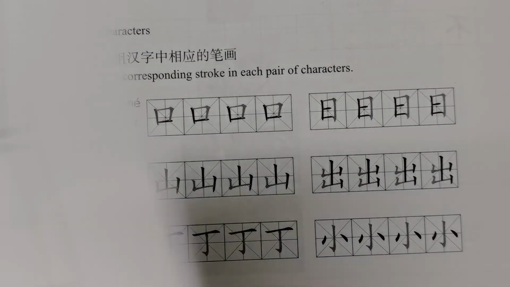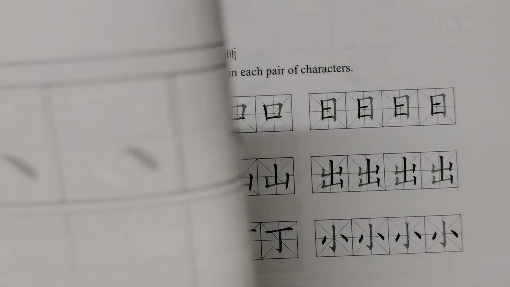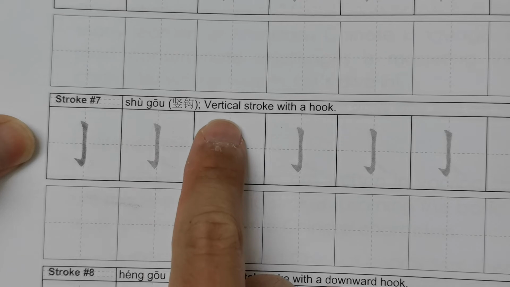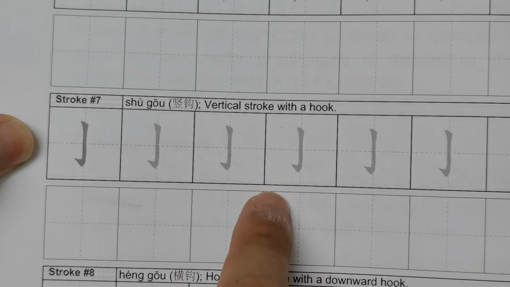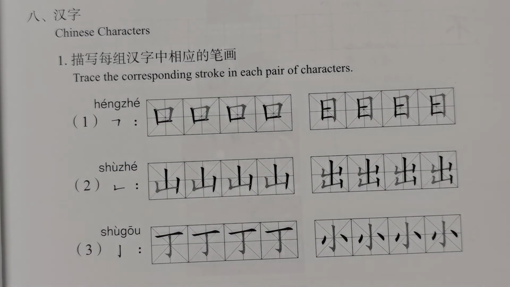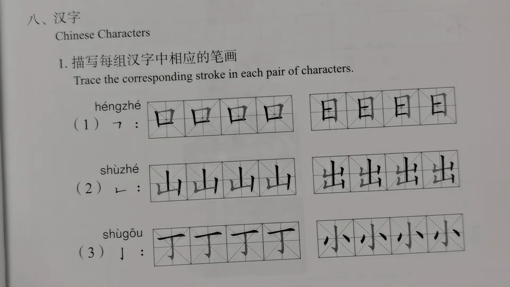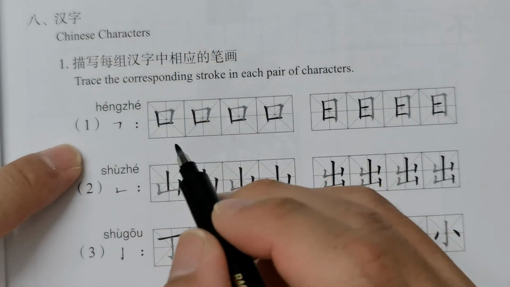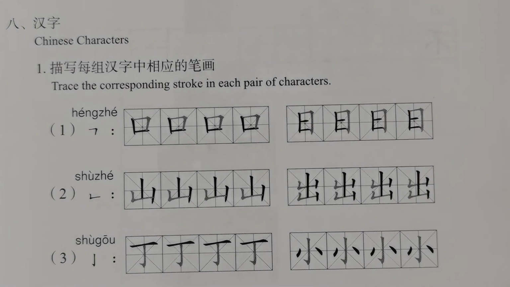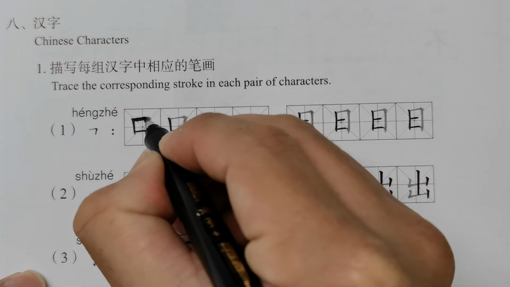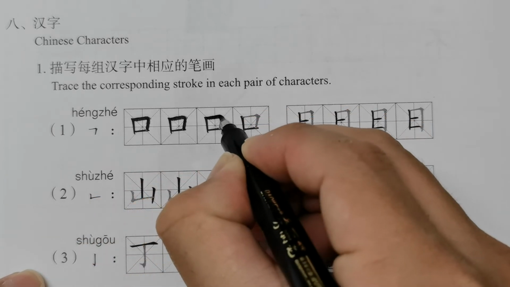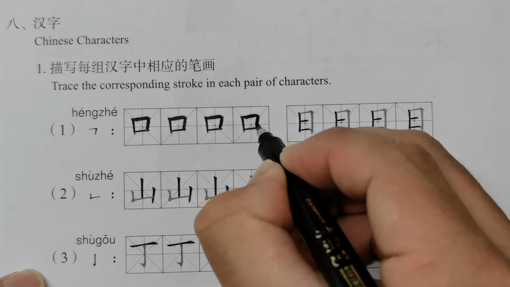And then we have this final one, 竖钩. Vertical stroke with a hook. So I will use a special pen. This is the brush pen to write it. So this is 横折, 横折.